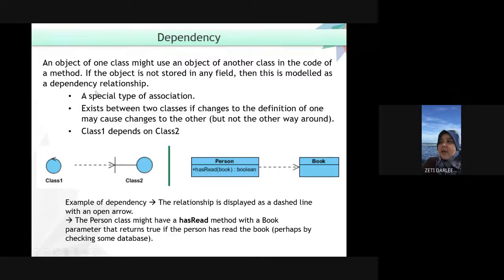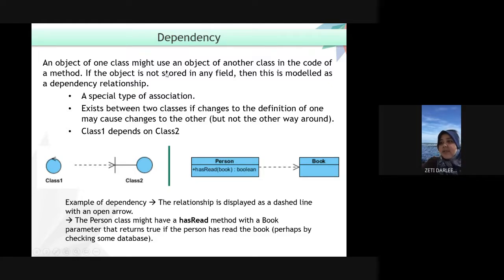Dependency: an object of one class might use an object of another class in the code of a method. If the object is not stored in any field, then this is modeled as a dependency relationship. A special type of association exists between two classes if changes to the definition of one may cause changes in another.